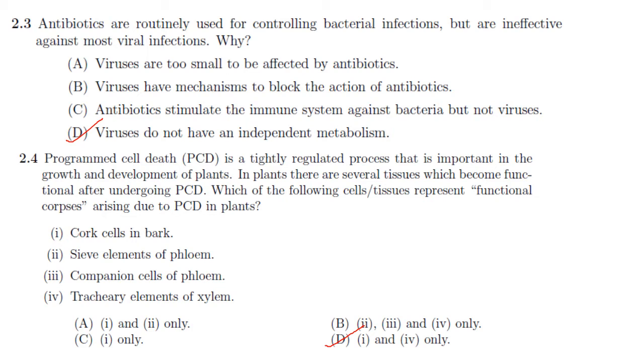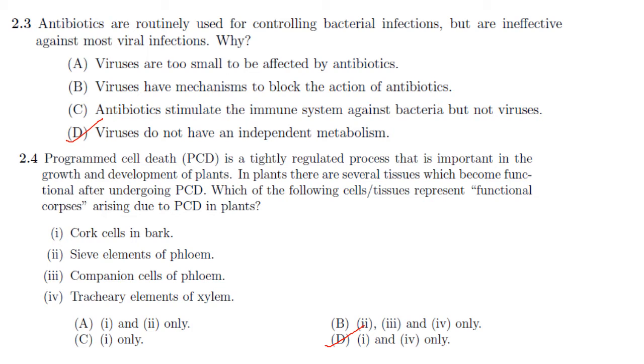So, cork cells in bark, sieve elements of phloem, companion cells of phloem, tracheary elements of xylem. Tracheary elements of xylem are dead, hollow cells with patterned cell wall comprising xylem vessels and tracheids, which function as conductive hollow tubes for water and nutrient transport throughout the plant body.